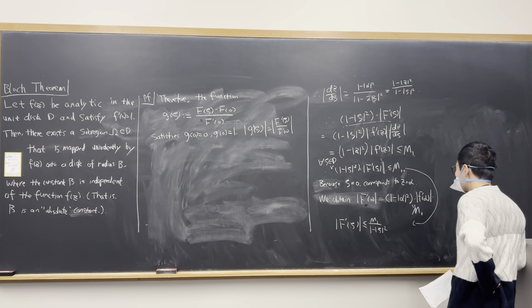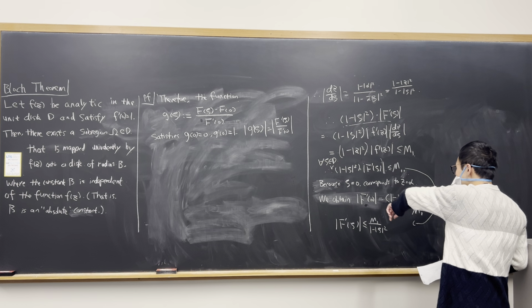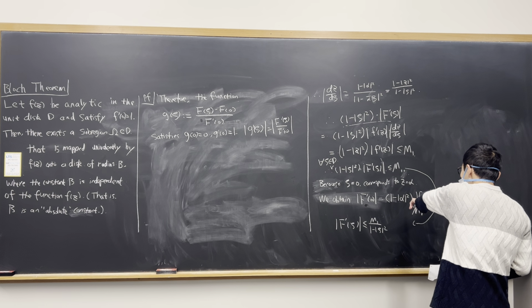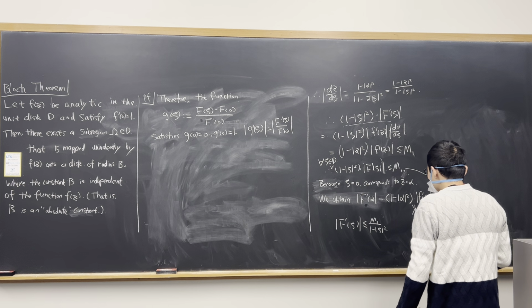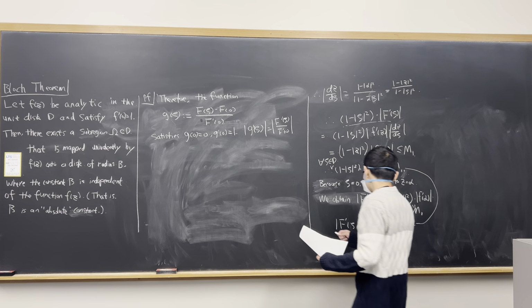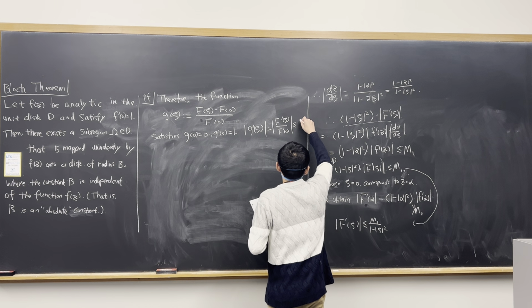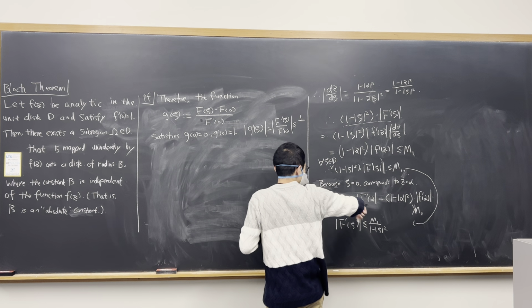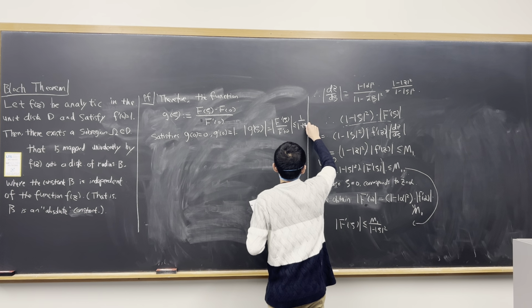So then the modulus of f prime 0 is exactly equal to m1, right? So we can say that this is less than or equal to 1 over 1 minus zeta squared.